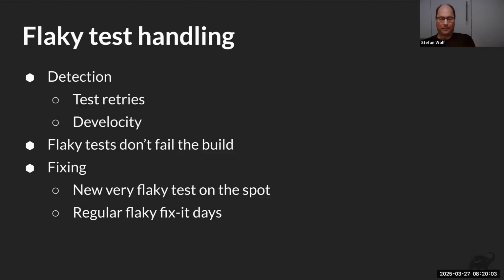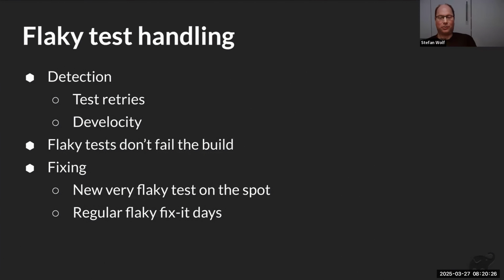And at some point in time, either you do have a weekly check for new flaky tests, or maybe you check on your branch, do I have some very flaky tests on my branch that I want to fix? Or you just say, every 3 months we take a look at the most flaky tests and try to fix them.